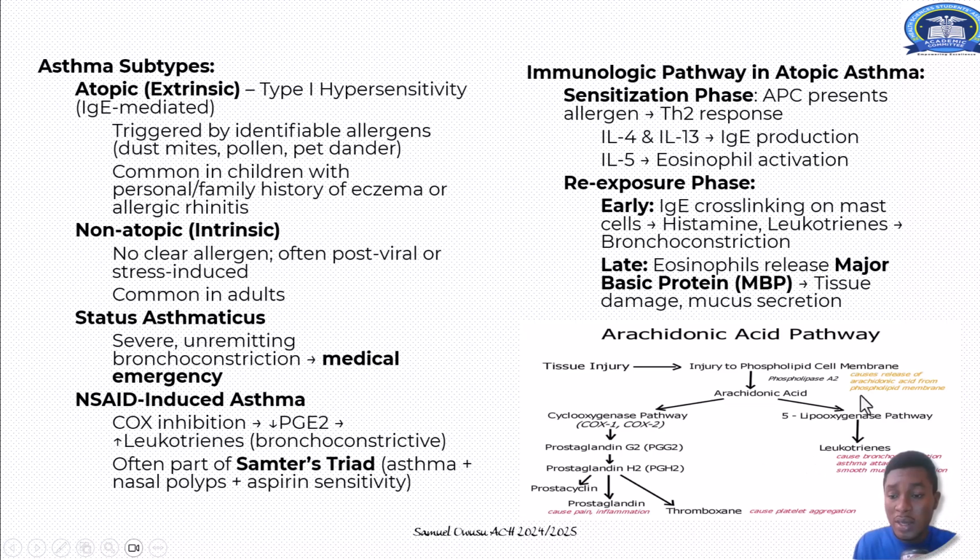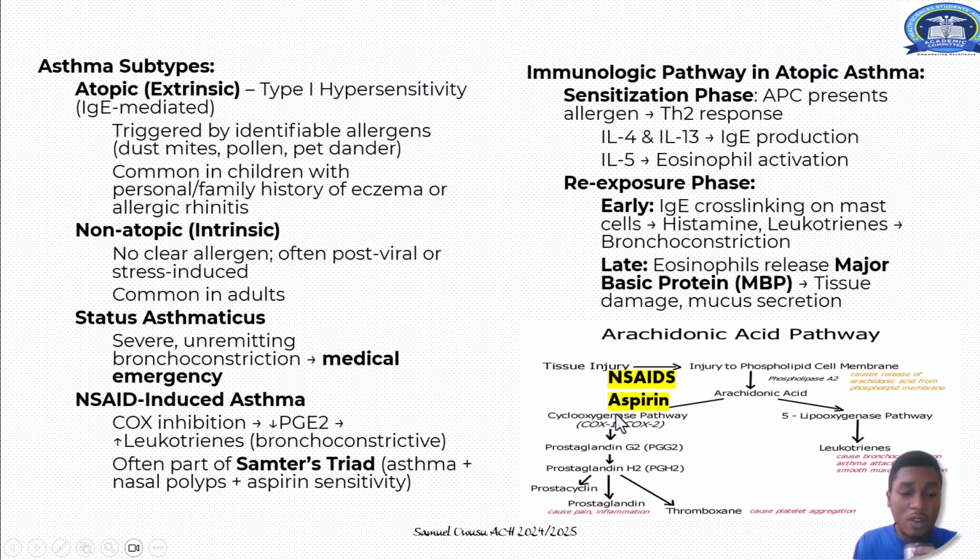And then the goal of the lipoxygenase pathway is that we want to produce leukotrienes, and this is what is going to help us in the production of bronchoconstriction. These ones tend to trigger asthma. Okay, so we don't want leukotrienes. If you remember from the previous slide, we don't want leukotrienes in the management of asthma. So what do we do? When you give an NSAID, this NSAID could be ibuprofen, it could be diclofenac, and all the other agents that we know of.